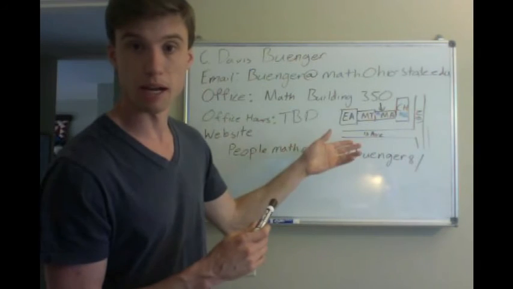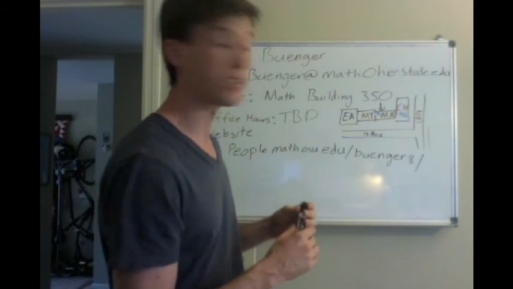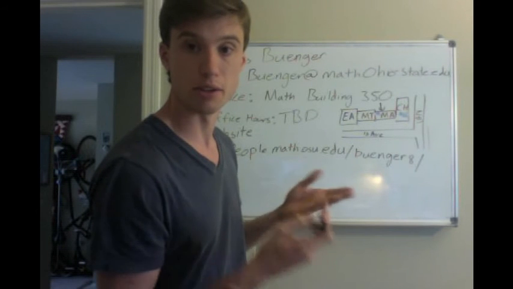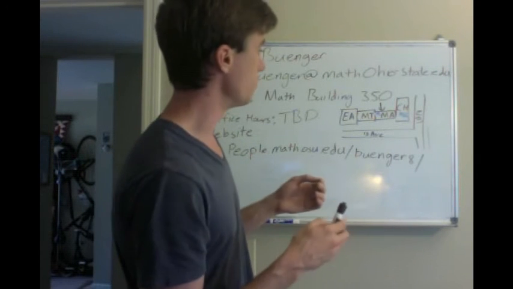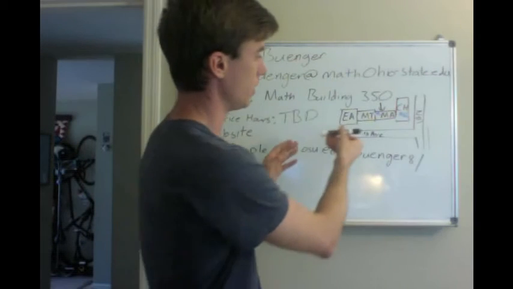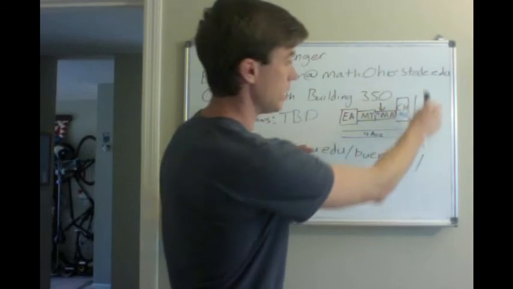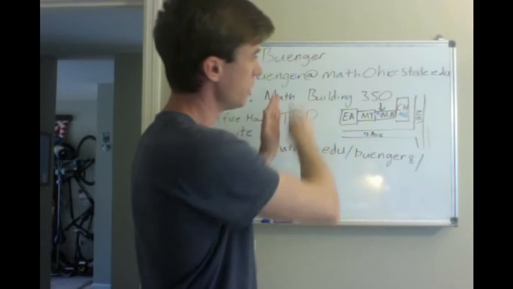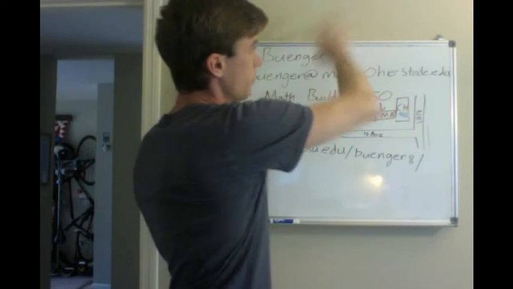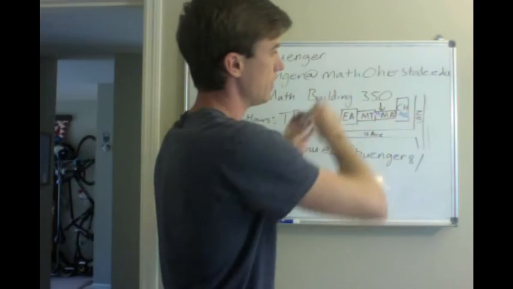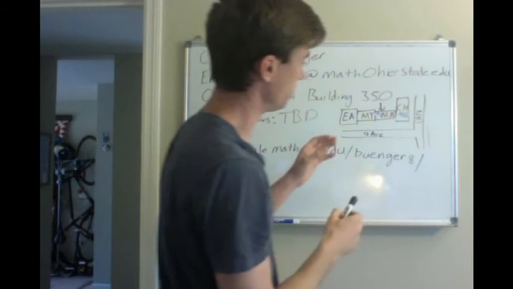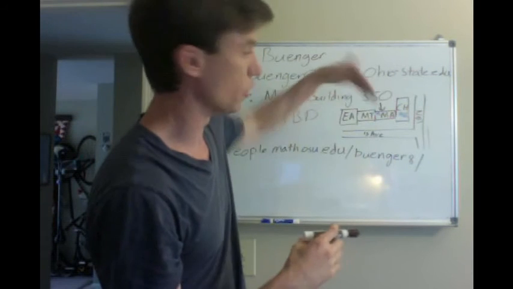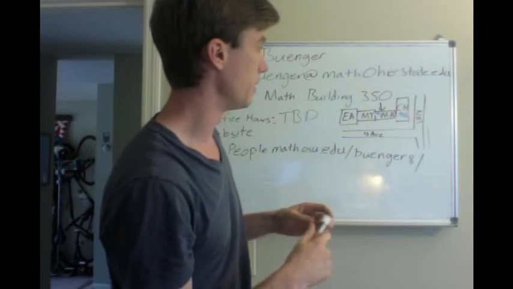Now, I've drawn a little map here, and let's make sense of it so you can find the Math Building if you ever need to come to office hours or make up a quiz. So I've drawn 18th Avenue, Neal Avenue, and High Street is over here. We've got the oval up here, and 17th Avenue comes here and goes down to the horseshoe. I've drawn north facing this way.